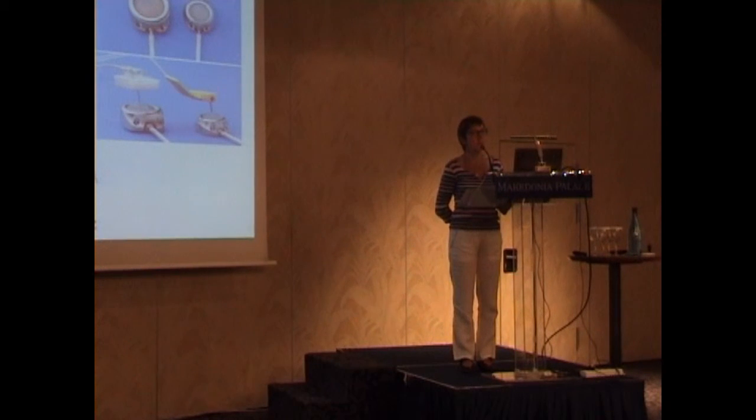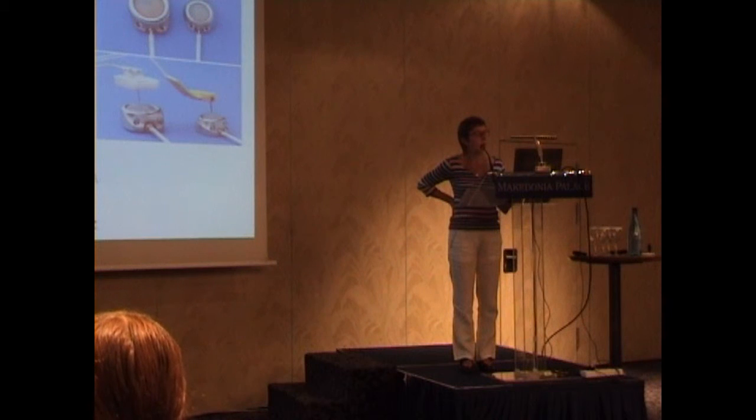The first thing is the choice of the IV access. We have three types of IV access, like the peripheral inserted catheter, the most common one. We have the peripherally inserted central catheter, or the PICC line. That is a line that is placed in a deeper vein in the upper arm, and the catheter ends in a big vein near the heart.